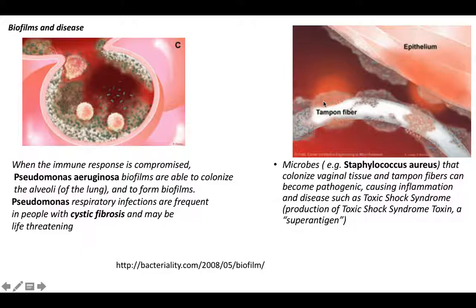Because what happens with tampons, if they're left in too long, bacteria can form biofilms, and this is really dangerous if you have Staphylococcus aureus make a special toxin called toxic shock syndrome toxin. Because the bacteria are colonizing the tampon, it's not being changed. So the bacteria are just pumping out these toxins, and as a result, several women died. So there was a big campaign to get these tampons removed from the market.